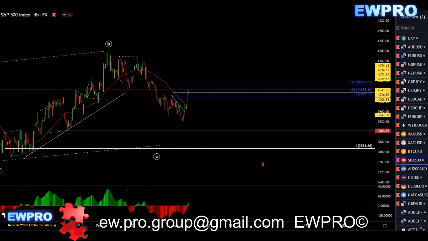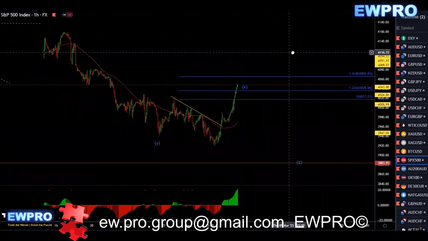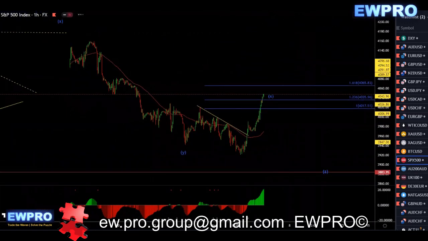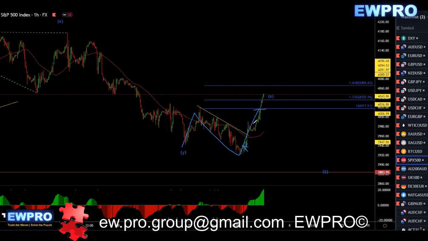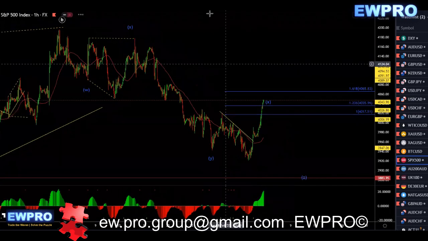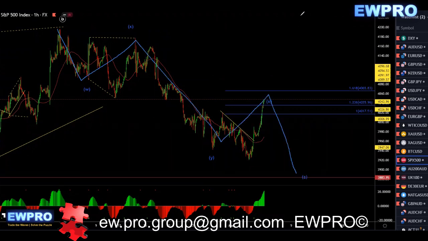So now you really have to be careful. When I took this trade down in here, I was just looking for an A, B, C after this 100 pip. It's gone way past that 100 pip, so I keep it. But there still is a possibility of a WXY, X2, and a Z down. This can still be an expanding flat in here, and we get another one down.